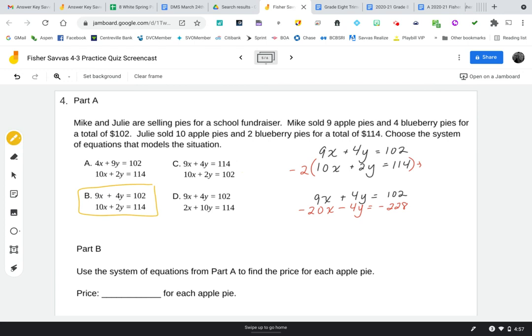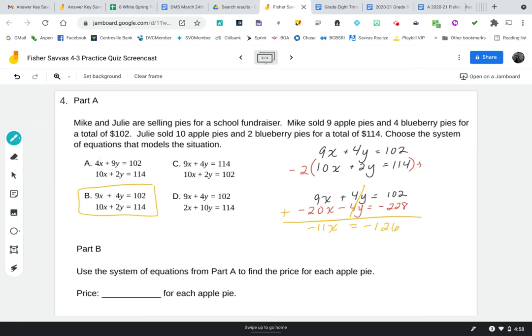All right, so if I solve this equation now by adding, which I can do because my variable for y has the same coefficient and they're opposite signs, I can add them together now and I will have negative 11x is equal to, because my y's will cancel, negative 126.